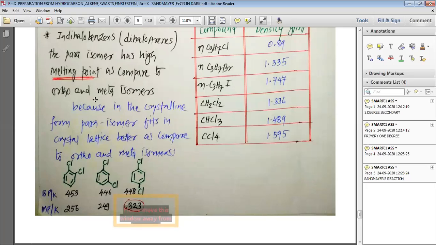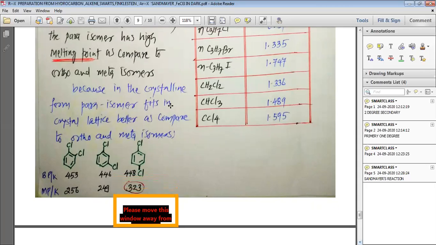Remember, here I am talking about melting point, which is applicable to the solids. So in dihalobenzenes or dihaloarenes, the para-isomer has the highest melting point as compared to the ortho and meta-isomer, because the para-isomer fits itself into the crystalline form very well. Because in the crystal lattice, the para-isomer fits better as compared to the ortho and meta-isomer.